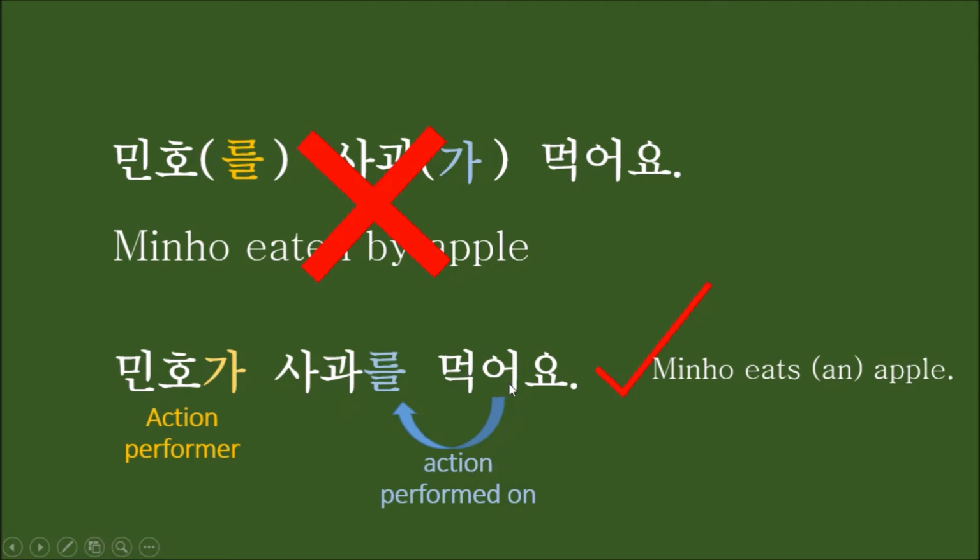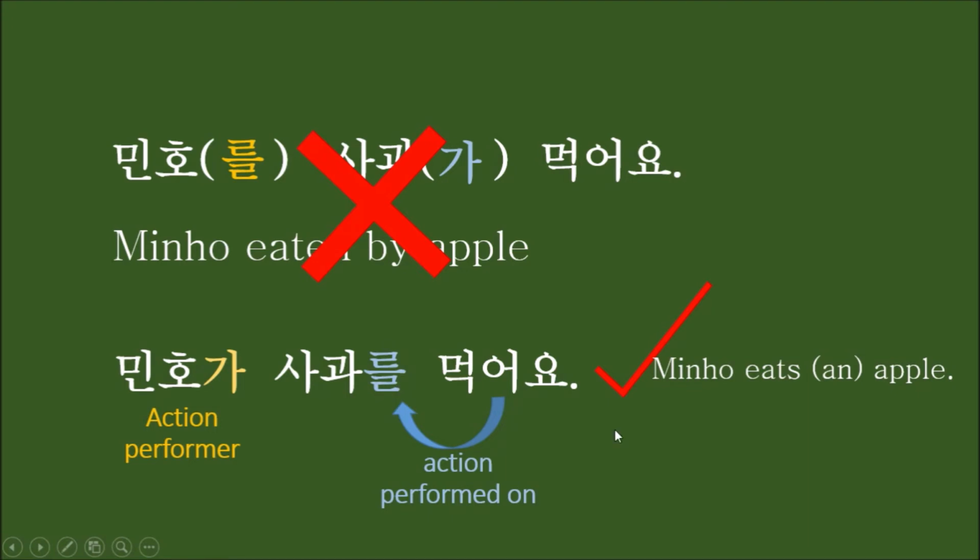And whenever you need to refer to a noun that has an action performed on it, you always need to use the 을 or 를 marker. It may be confusing in the beginning whether to use 가 or 를. This is the easy way to remember: if there is a noun that you want to have an action performed on, always follow it with 를 or 을.